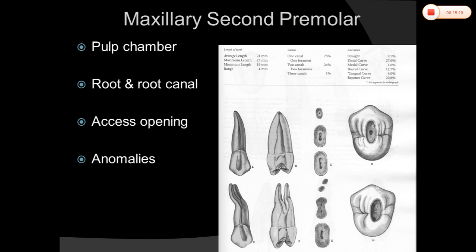The proximity of this tooth to the sinus can lead to drainage of a periradicular abscess into the sinus, so you must be very careful with this maxillary second premolar. When two canals are present, the access preparation is the same as the first premolar. In 75% of the premolars you can see a single canal which is present at almost the center of the tooth.